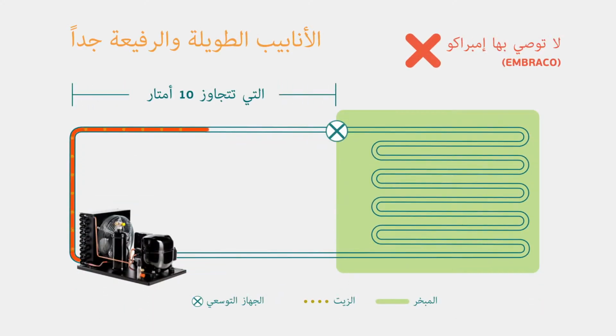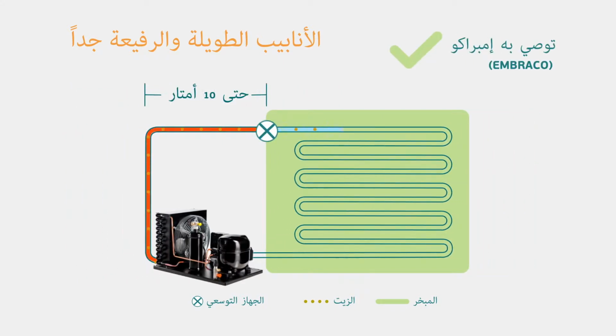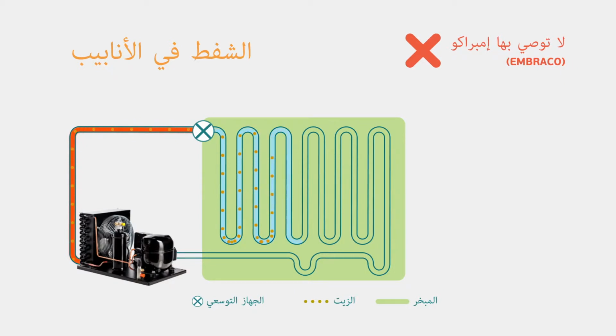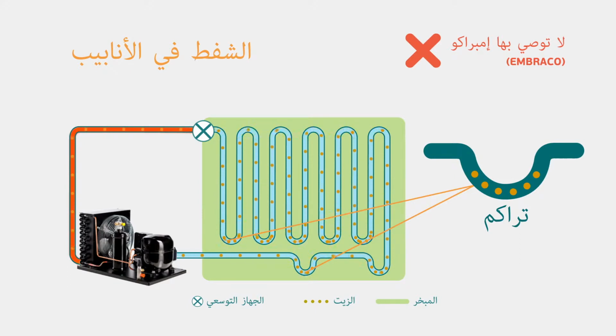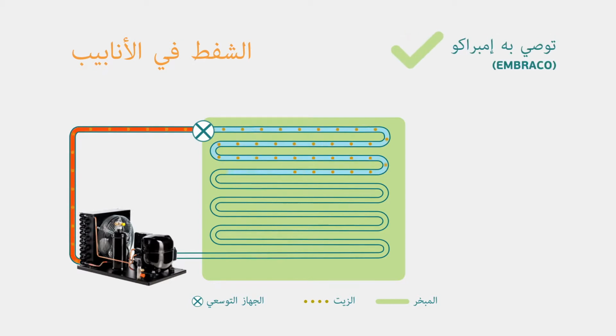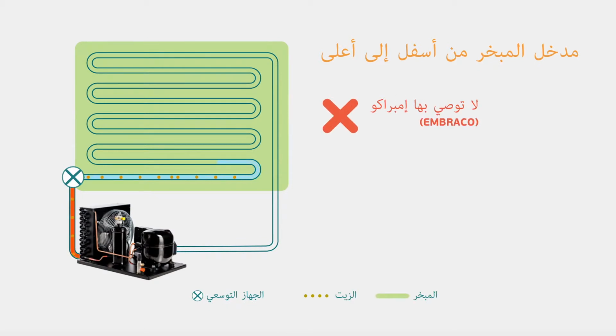What would these sizing problems be? Very long and narrow tubing, siphon in the tubing, evaporator inlet from bottom to top.